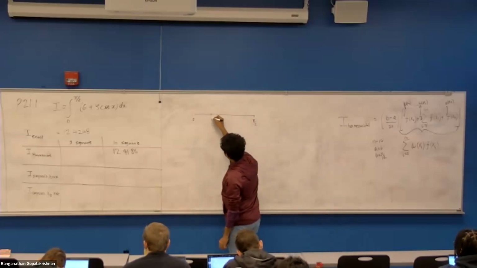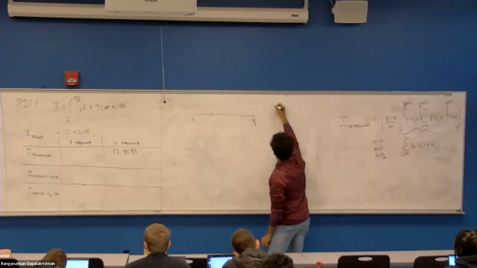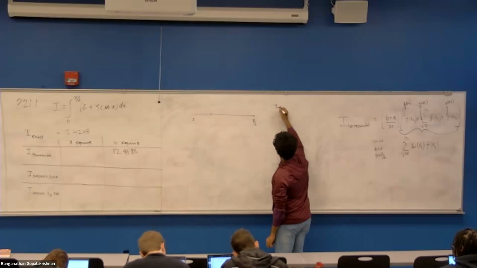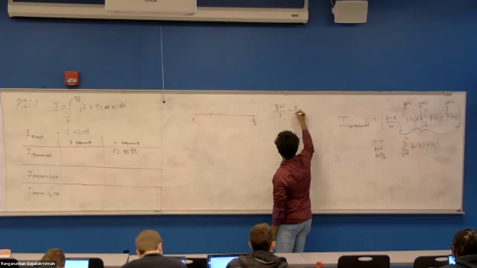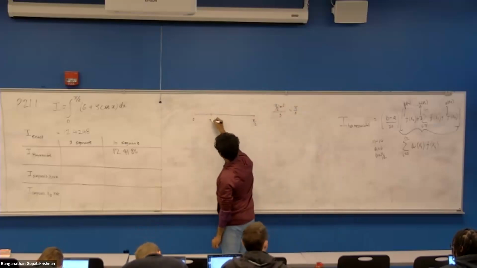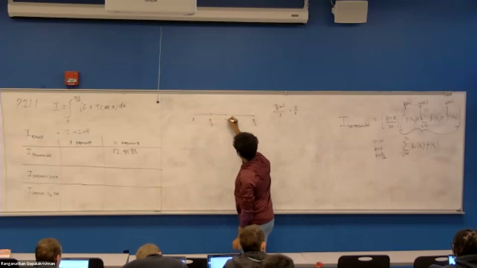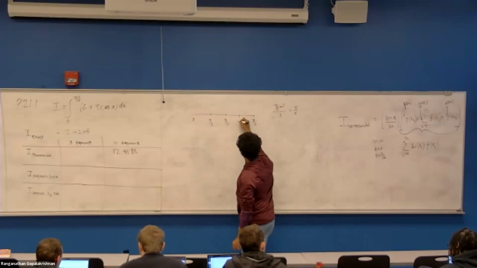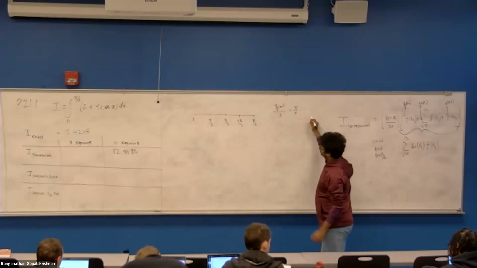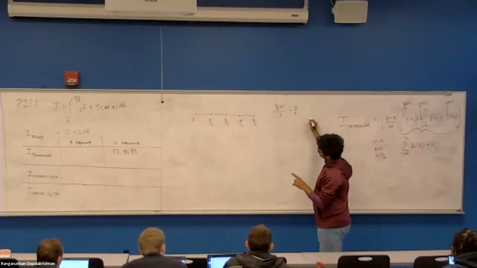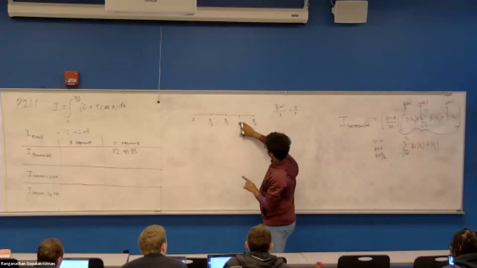I need to divide this as pi by 2 minus 0 divided by 3, or in steps of pi by 6. So 0, pi by 6, pi by 3, 2 pi by 3, and is this correct? No. Okay. What should be the third?